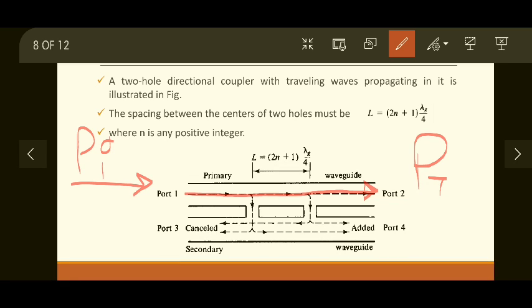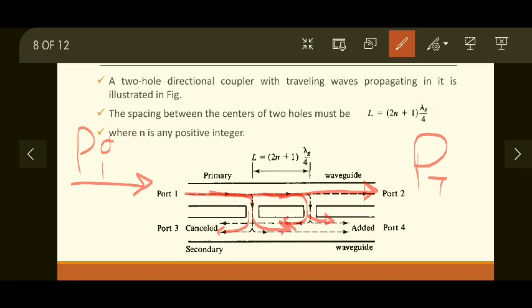Now there are two holes in the directional coupler. When the wave is traveling through the primary waveguide, it will enter through the first hole. From the first hole it will go towards port 4 and port 3. Again, when it moves further on, it goes through the second hole, and again goes to port 4 and port 3.